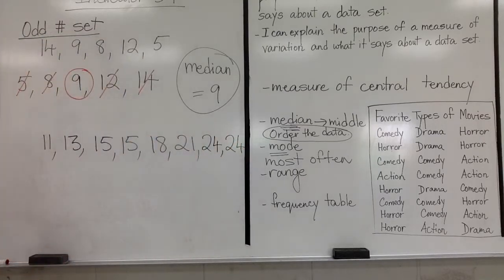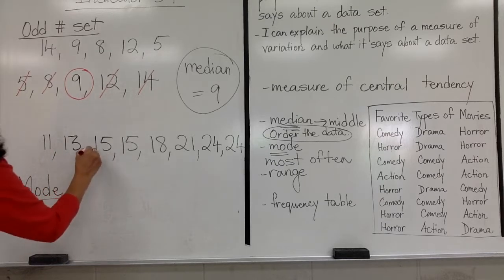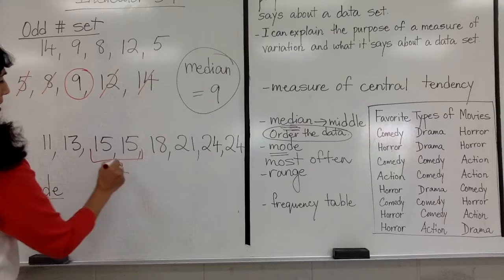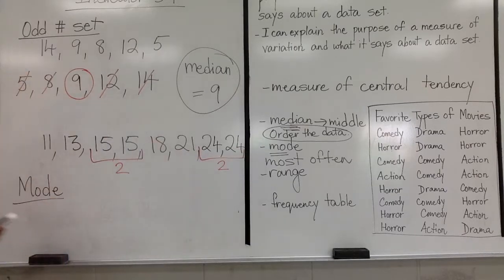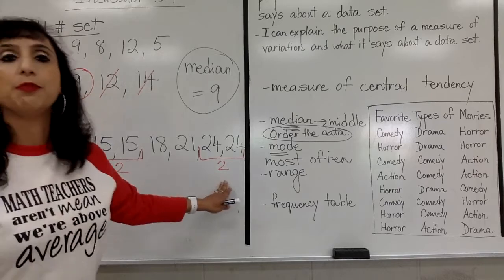Okay. Now, if I show this to you and ask you what is the mode, you're looking at which one is occurring the most? Okay, so this is occurring once, this is 2 times, this is 1, this is also 2 times. Okay, so as I can see that these 2 are occurring the most.